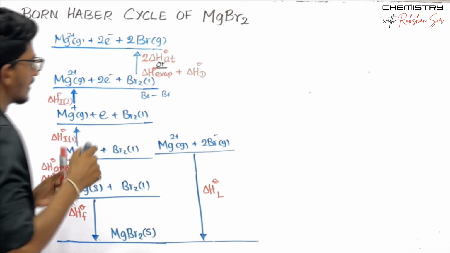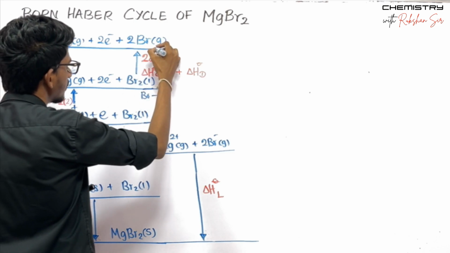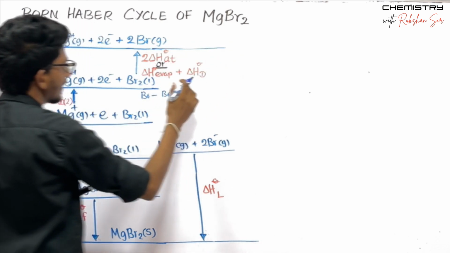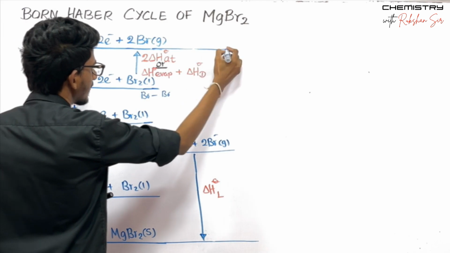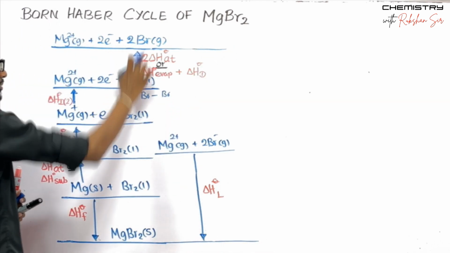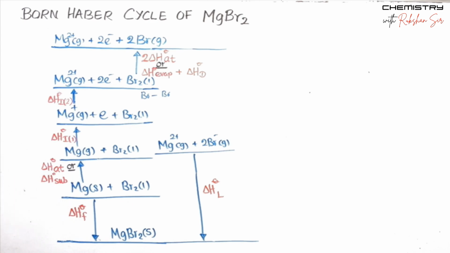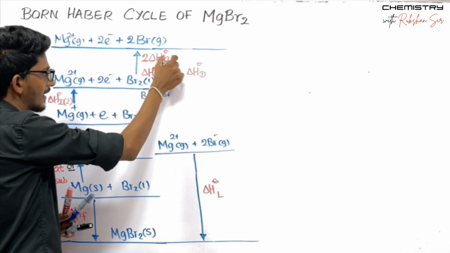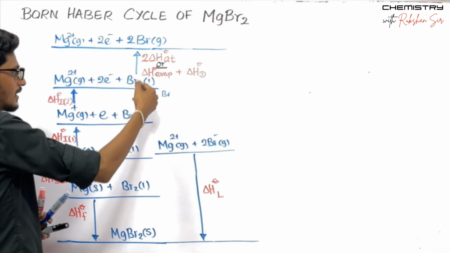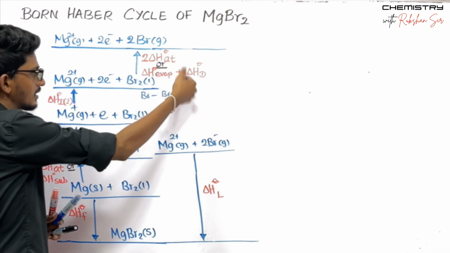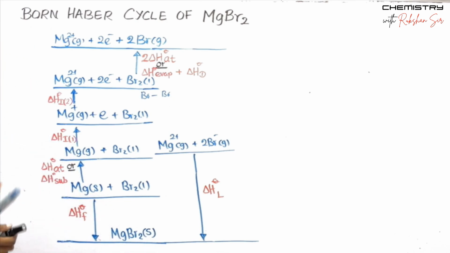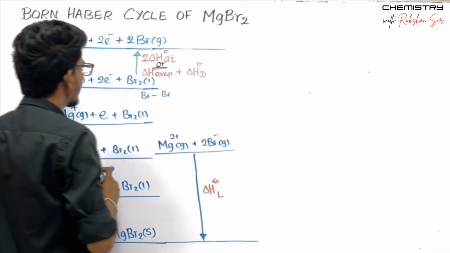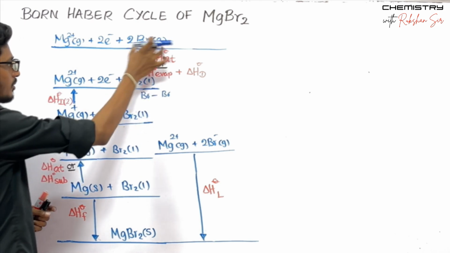That is how we are supposed to convert this Br2 liquid to two Br gases. You can directly supply two atomizations, or you need to first complete the vaporization and then the bond dissociation is needed. So like that we can produce two Br gases.